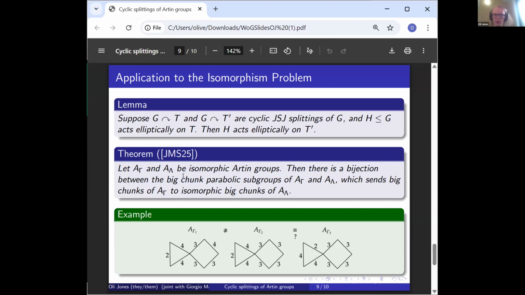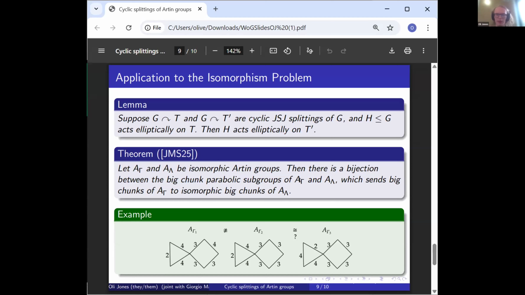So this is very quickly giving us our main theorem for the isomorphism problem, which says, suppose we have 2 isomorphic Artin groups, then the big chunk parabolics of A gamma match up with the big chunk parabolics of A lambda, exactly, counting multiplicity and everything.